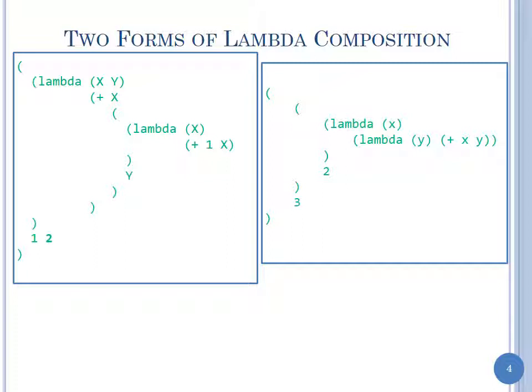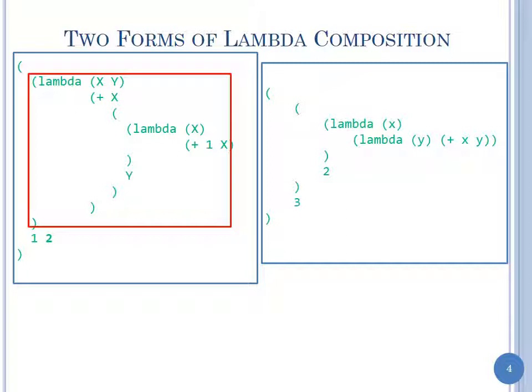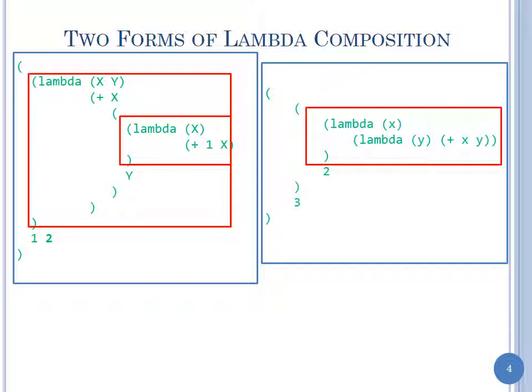Okay, so let's do this in slow motion. We have an outer lambda here. We have an outer lambda here. Outer lambda definition. In both cases, I'm starting with the lambda definitions, without application. In that lambda definition is another lambda definition, in both cases. So far, similar lambda compositions.